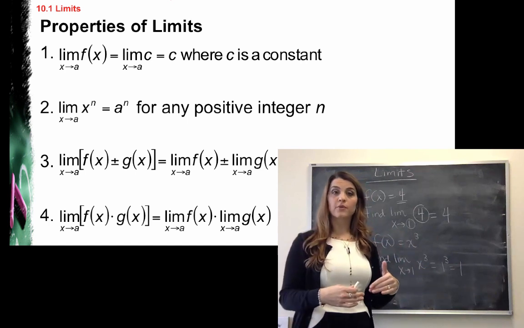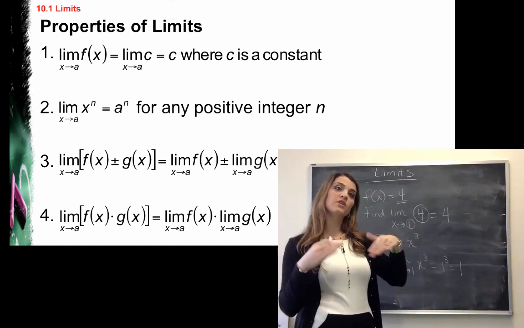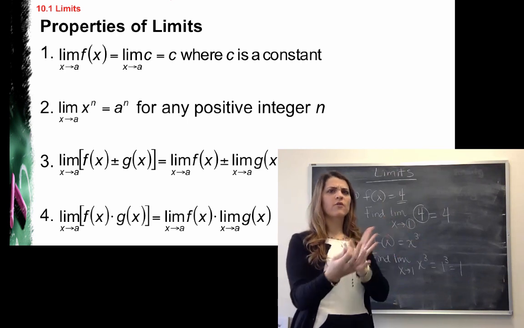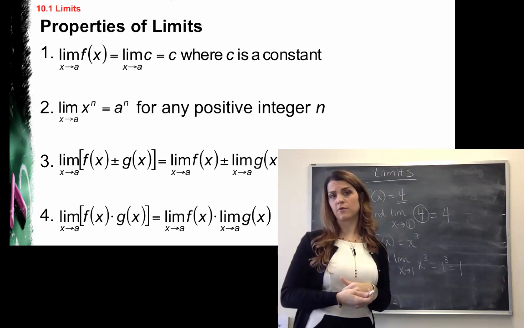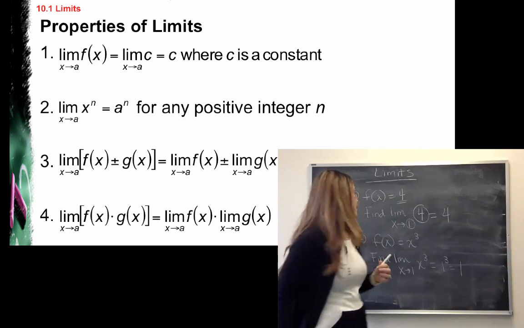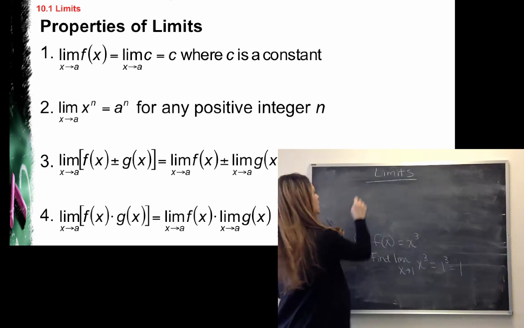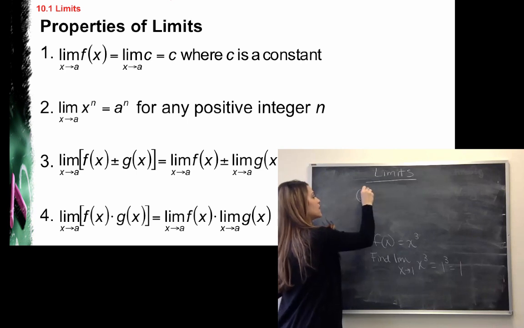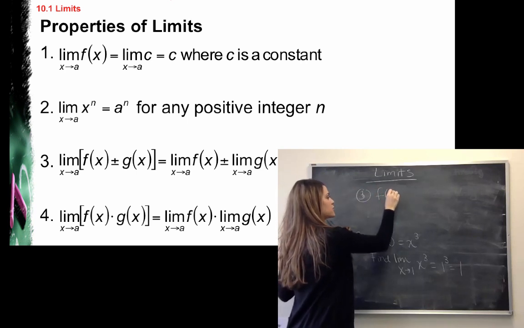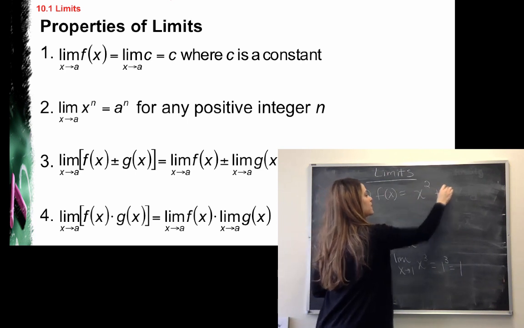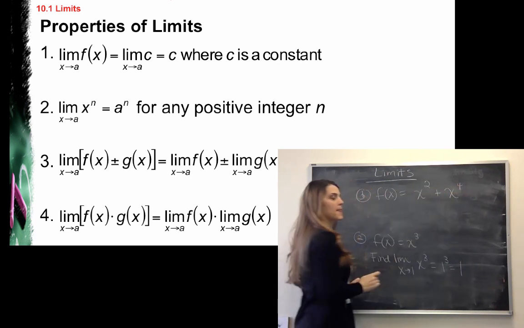Now look at property number 3. Property 3 takes what we just saw in number 2, and now says, okay, what if it was a sum or difference between the two functions? So we can take another example. Let's say your function is x squared plus x to the 4th.